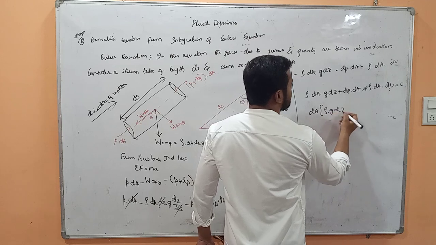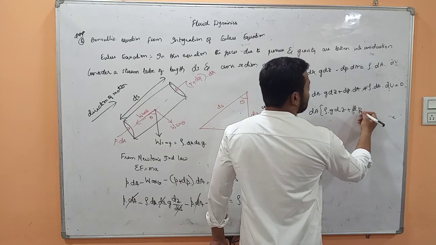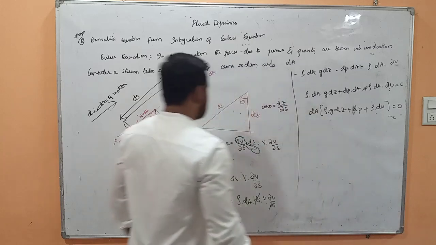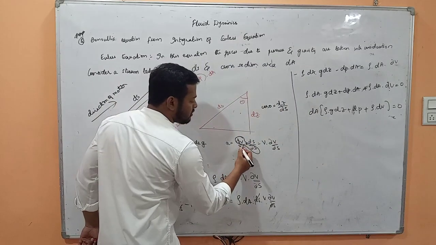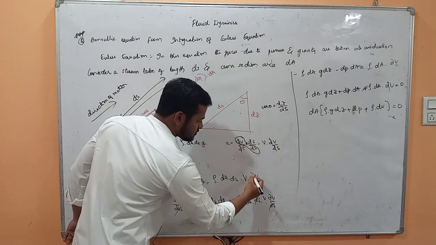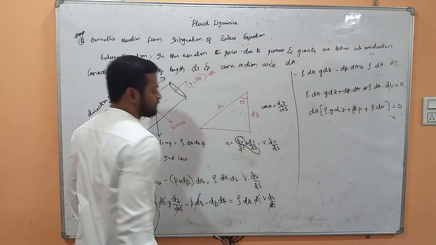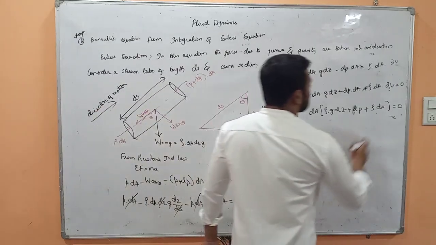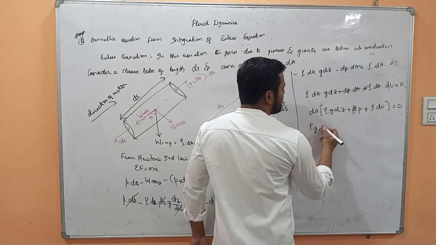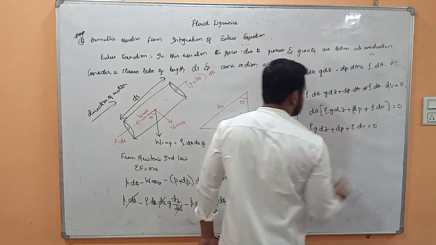Rho g dz plus dP plus rho V dV is equal to 0.